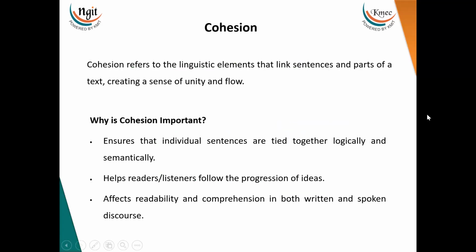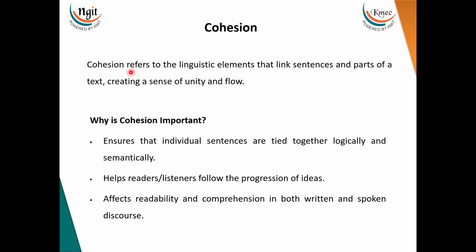Today we are going to talk about cohesion. So what is cohesion? Cohesion refers to the linguistic elements that link sentences and parts of a text, creating a sense of unity and flow.